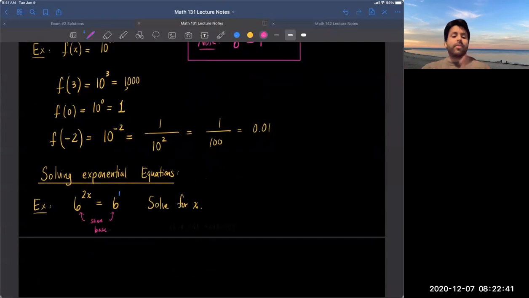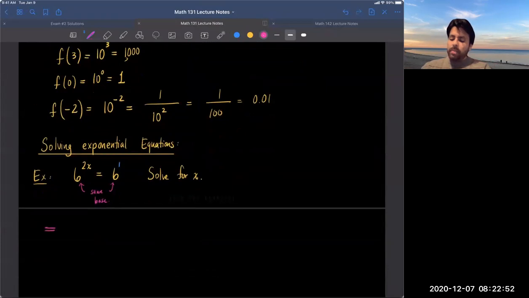So we're saying 6 raised to some exponent is equal to the same base, 6 raised to some exponent. If both sides are the same, then the implication is that the exponents must be the same. So that's why we have 2x equals 1, which means that x equals 1/2.